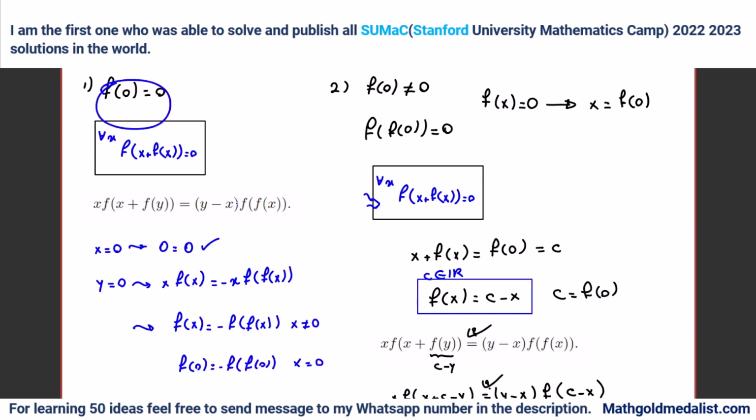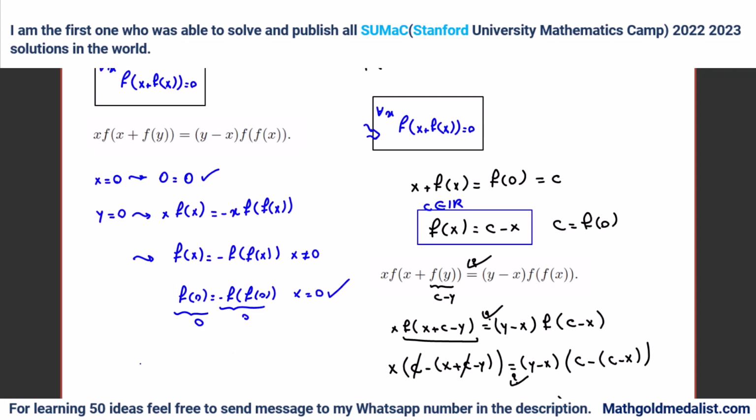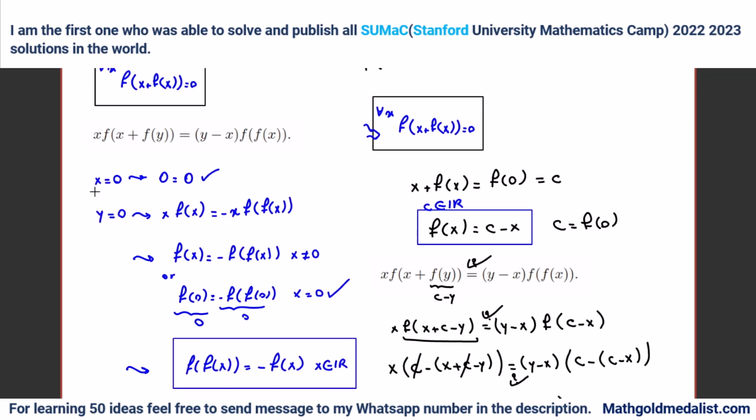Because we know f of 0 is 0, both sides will be 0, and it would be satisfied, right? So f of x equals negative f of x is correct for all real numbers. So when you want to cancel or do something like that, check, is it 0 or not, okay?